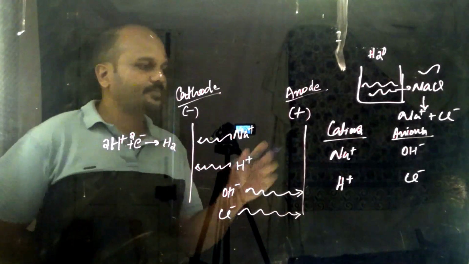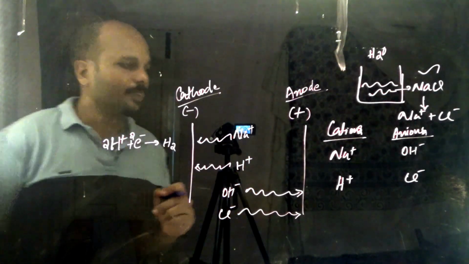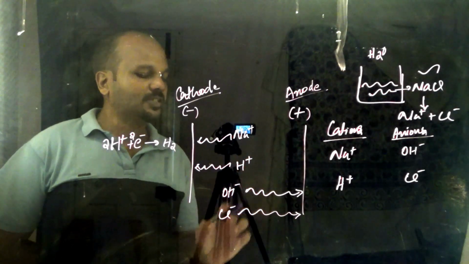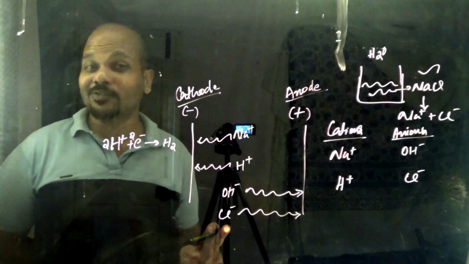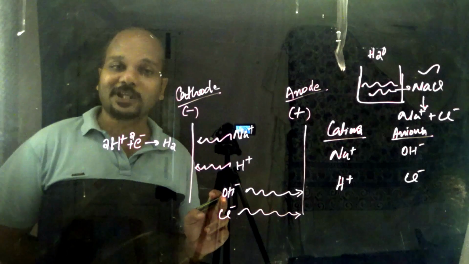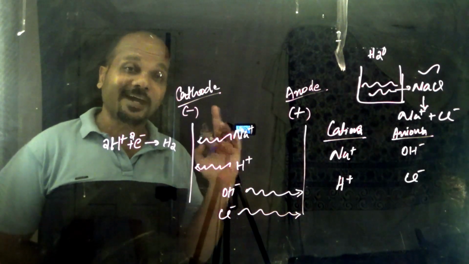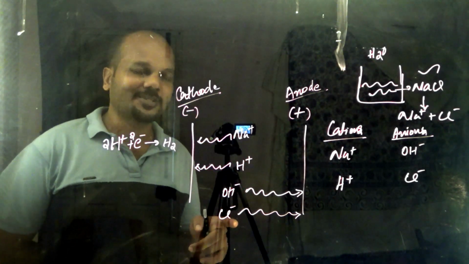At the anode, which is the positive electrode, there are two ions, OH- and Cl-, but see here one thing: the OH- ion concentration is higher than the Cl- ion concentration.